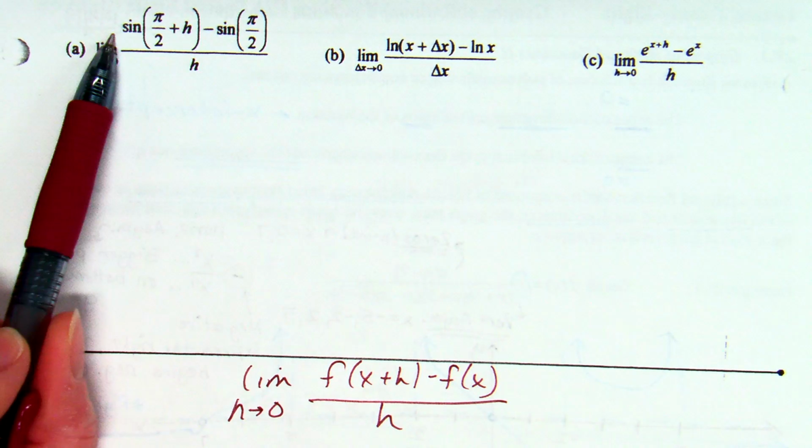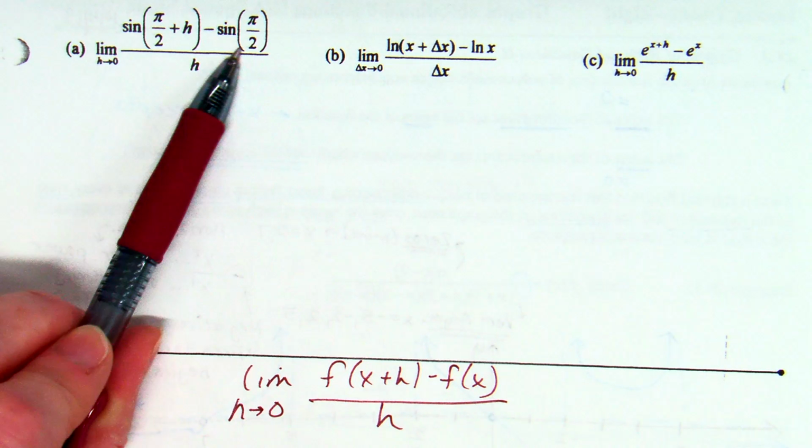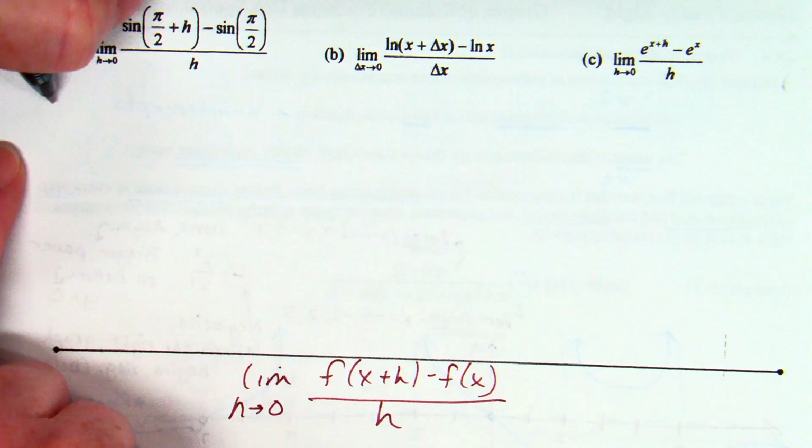So this is the derivative of sine when x equals, what do they have in place of x? Pi over 2. So, first of all, what I'm going to write is definition of derivative. Okay, these are all definition of derivative.